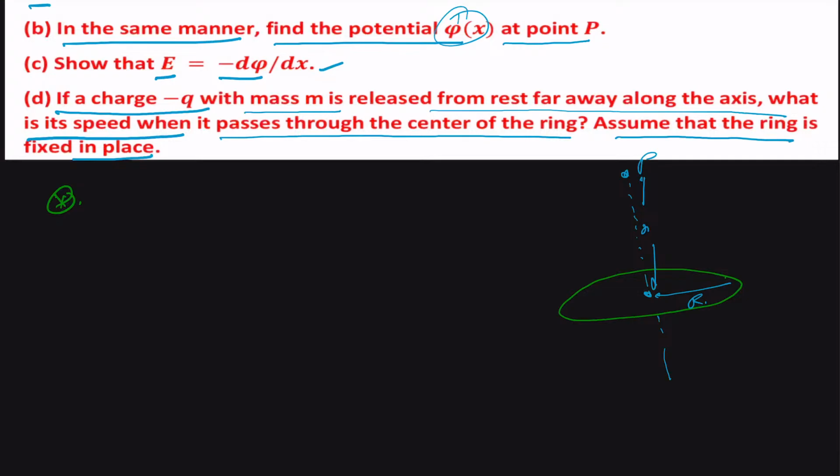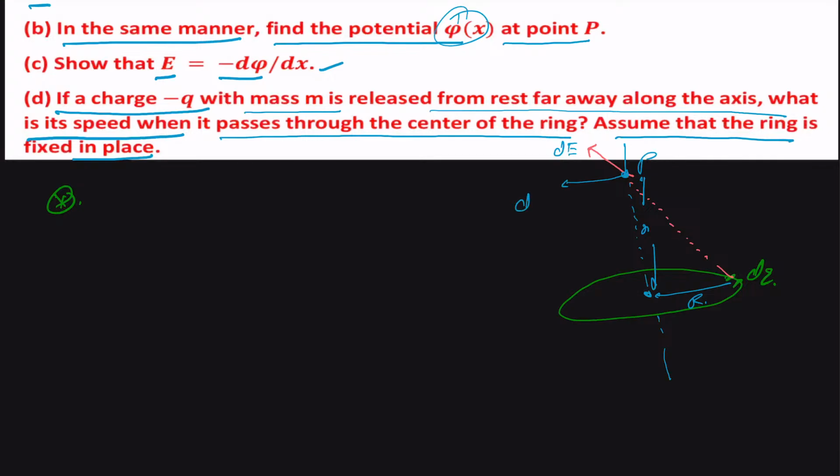So we consider a small element dq and try to find out what will be the value of the electric field because of this charge dq at point P. Okay. So the direction will be somewhere like this. So we can divide this electric field, let us suppose that is our dE, into two components. Okay.